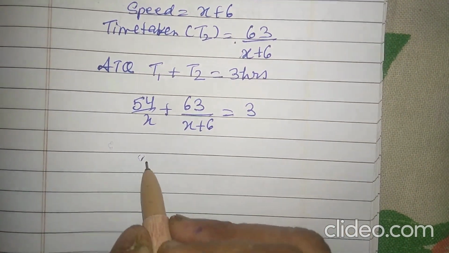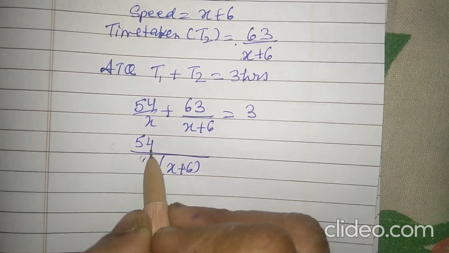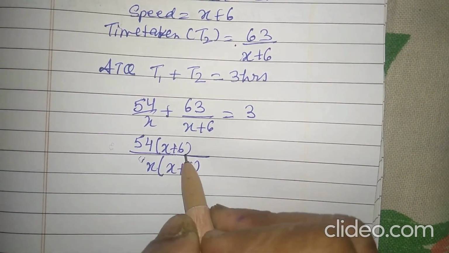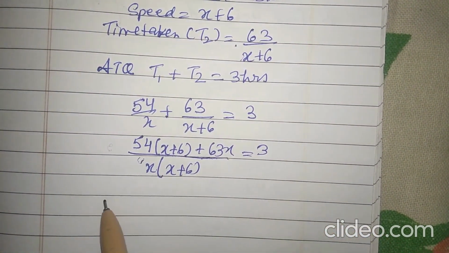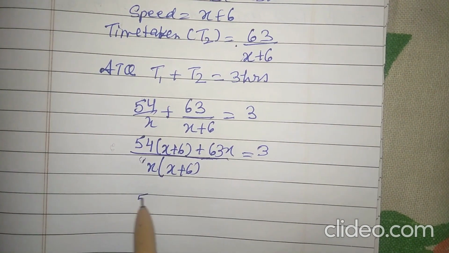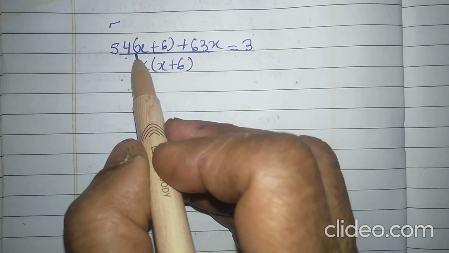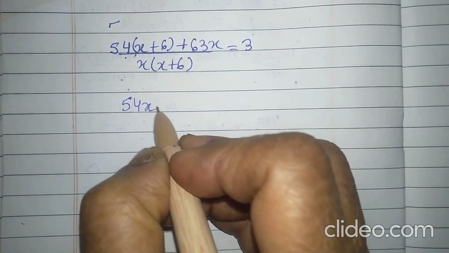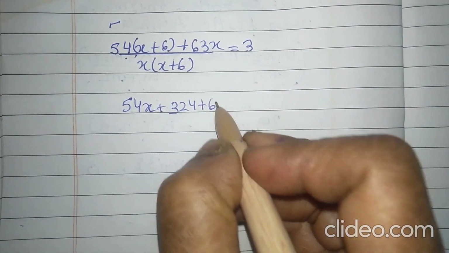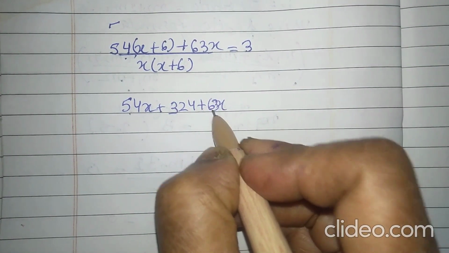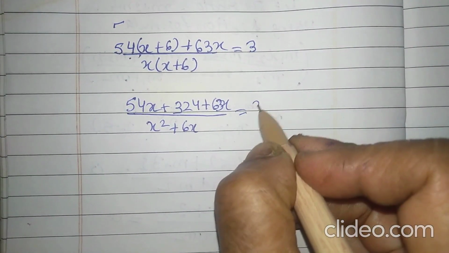Now we will take the LCM x plus 6, then we have 54 multiplied by x plus 6 plus 63x is equal to 3, right? Now we have 54 multiplied by x is 54x plus 54 multiplied by 6 is 324 plus 63x, by x square plus 6x is equal to 3.